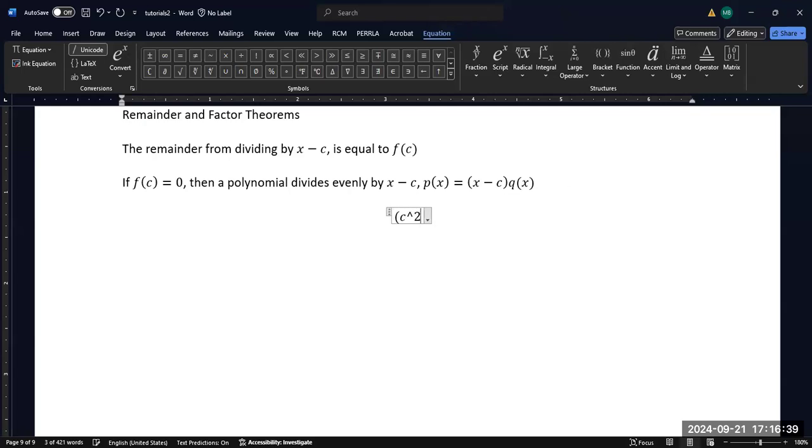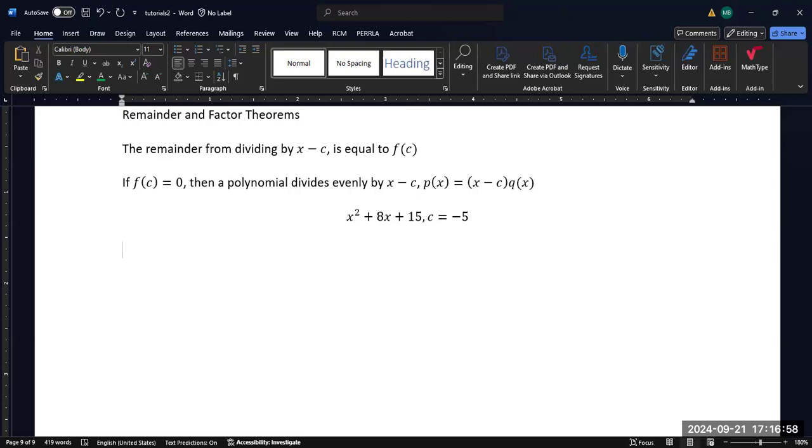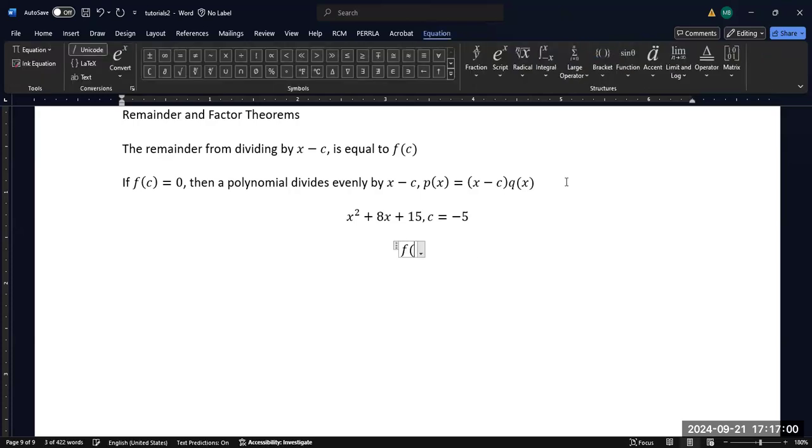Let's say I have x squared plus 8x plus 15, and I want to see what f of negative 5 is.